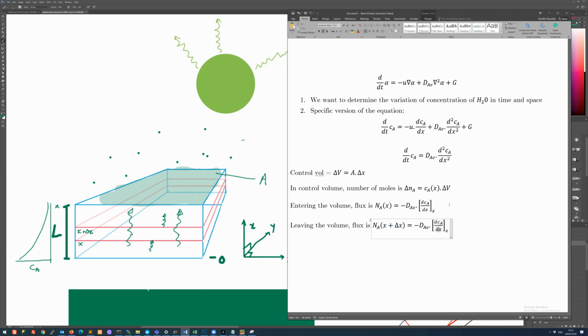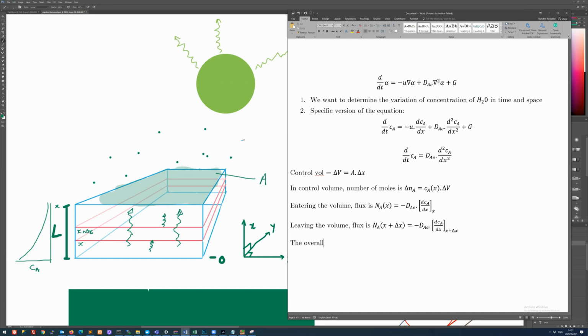It's the same process. It's also diffusion at that point. So it's simply going to be the same type of flux, just at that position, delta X there. Okay, and in fact, that's it. Those are all the influences to this fairly simple problem. So let's stick it all together.